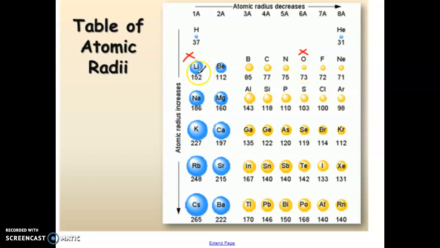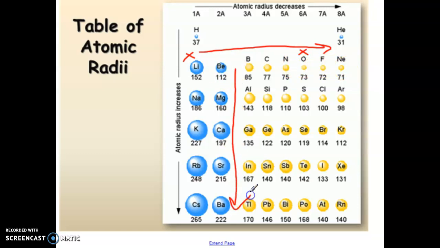The less of an attraction that the electrons have, the easier it is to remove. So you have to imagine, as you move to the right, the electrons are being held on tighter and tighter because of that nuclear charge. So it's going to become harder and harder to remove an electron.